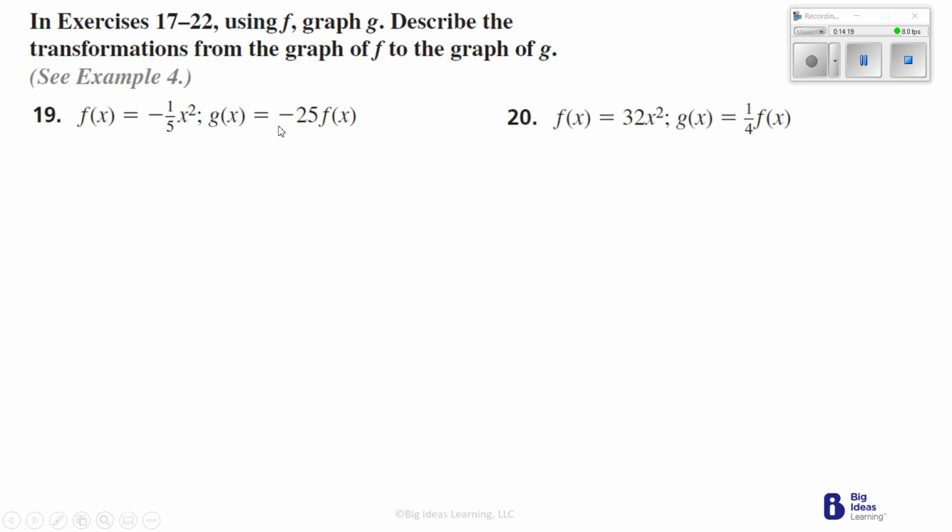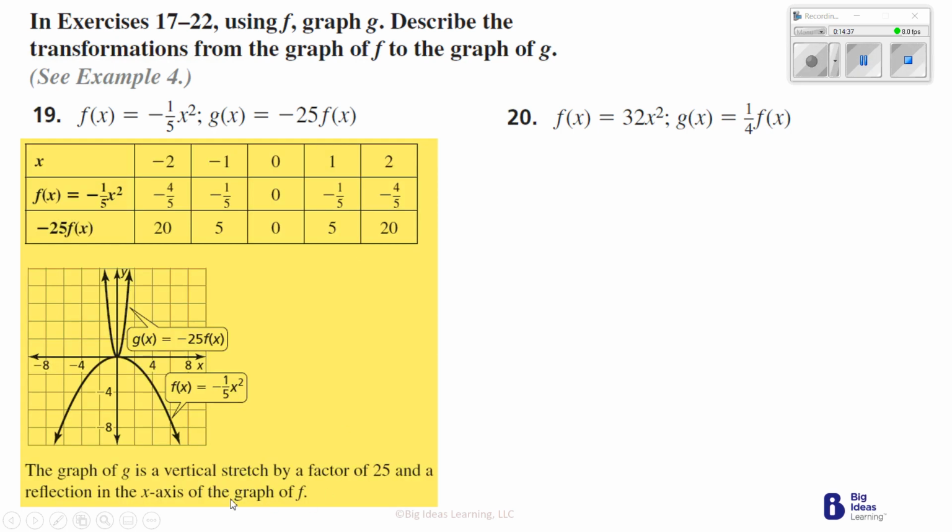So this is going to be a stretch by, let's see, I'm sorry, a factor of 25, and I believe because it's in front of it, it's going to be a reflection. Let's see here. Very good. You see here, this is not 25 in front of x, okay, this number is in front of f of x.